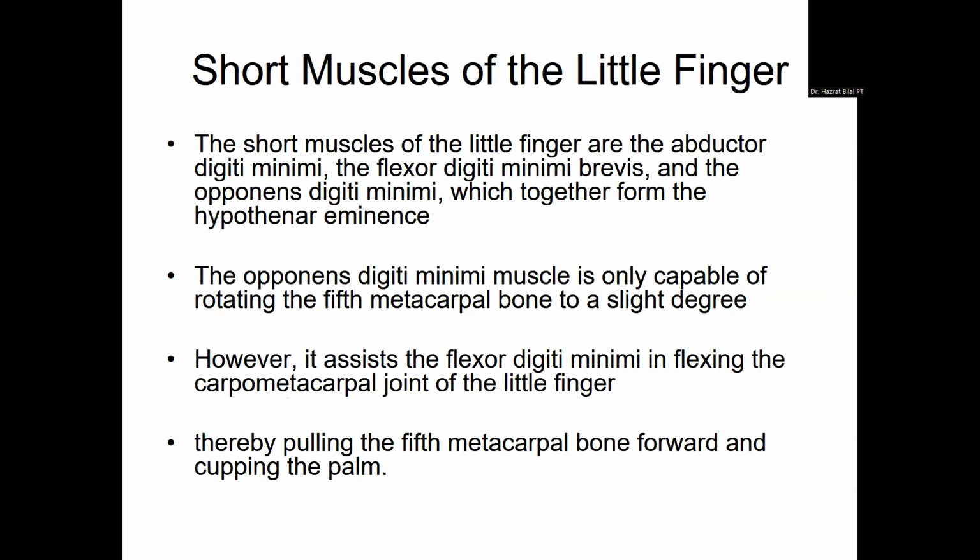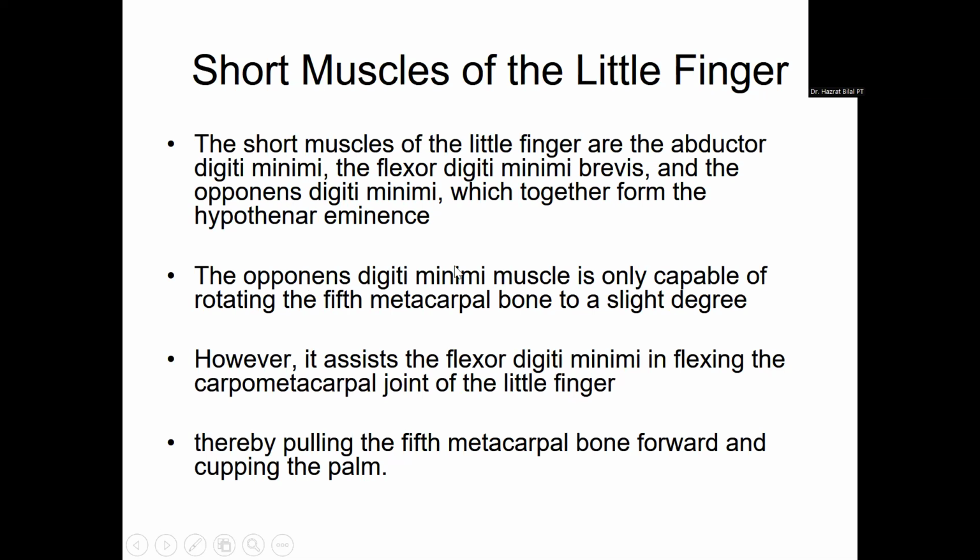The short muscles of the little finger or pinky are small muscles, and the muscles included are the abductor digiti minimi, the flexor digiti minimi brevis, and the opponens digiti minimi. Here three are mentioned, but in some literature and textbooks they are also four in number, which together form the hypothenar eminence.